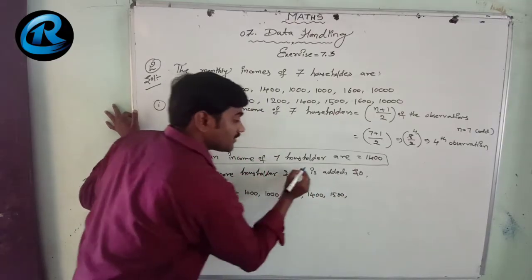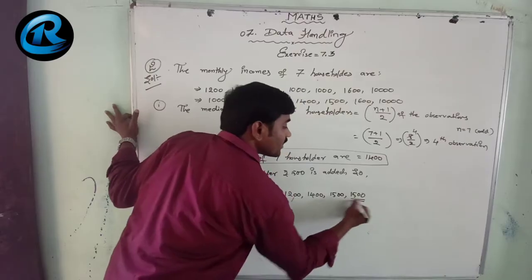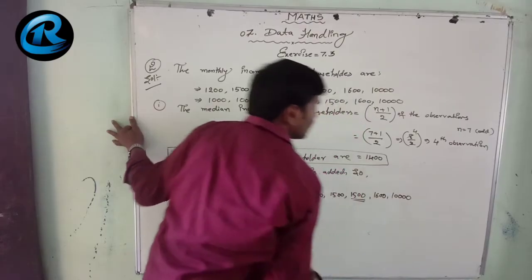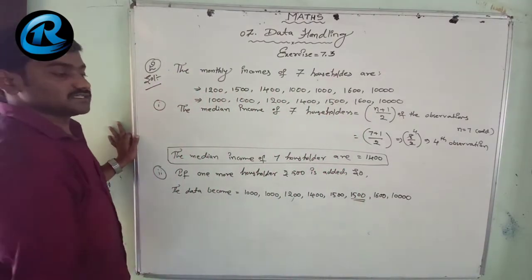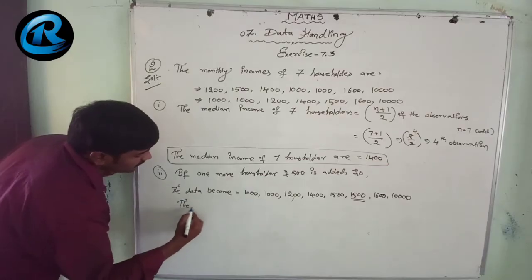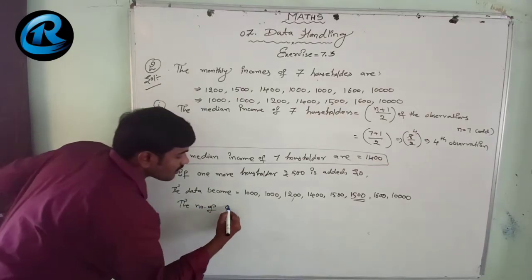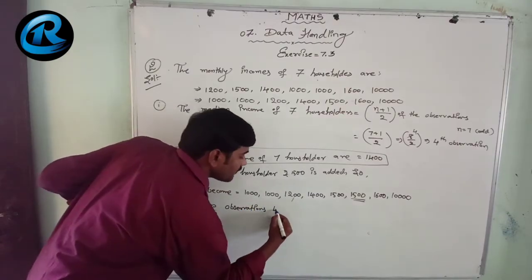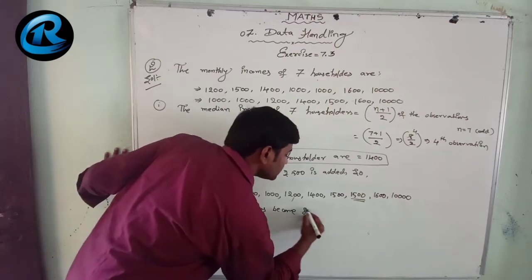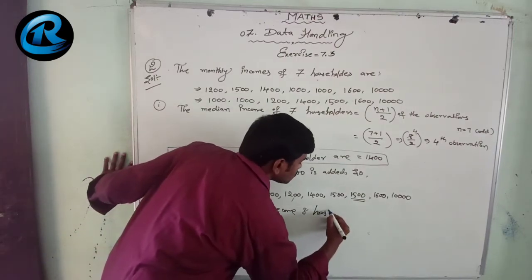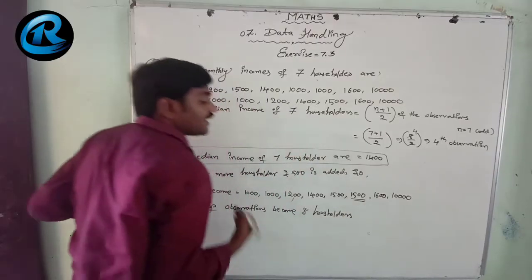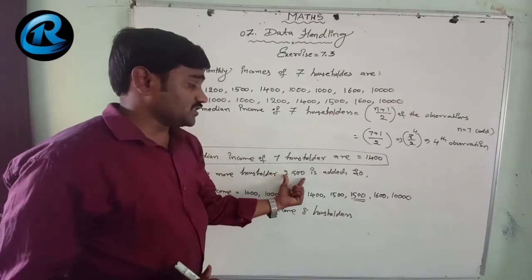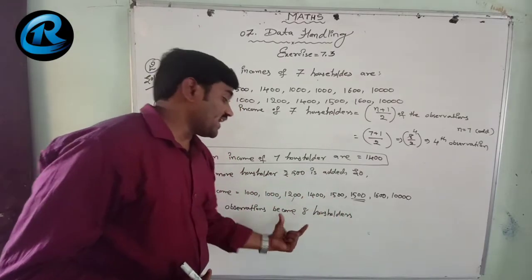Then one more 1500 person is added here, comma 1600 comma 10,000. Now the number of observations become 8 householders. Before it was only 7 householders, but one more person of 1500 rupees monthly income is added, so it becomes 8 householders.